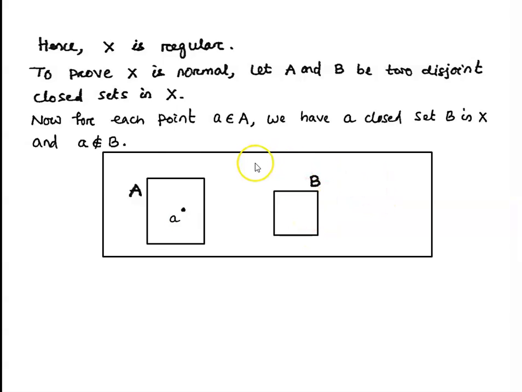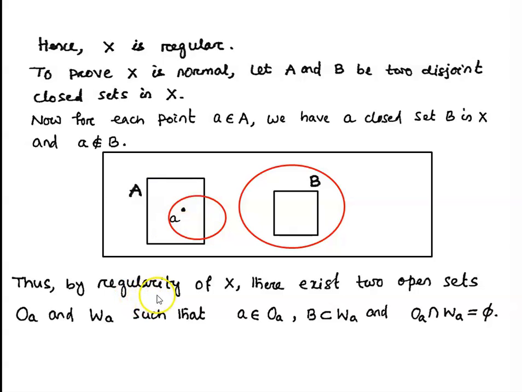We know that the space is regular because we have just proved that. So by regularity, there exist two disjoint open sets, one of which contains the point a and the other contains the closed set B. If we vary this a all over A, then we will get open sets which cover A. Now by regularity of X, there exist two open sets Oa and Wa such that Oa contains a and Wa contains B, whereas Oa intersection Wa is empty.